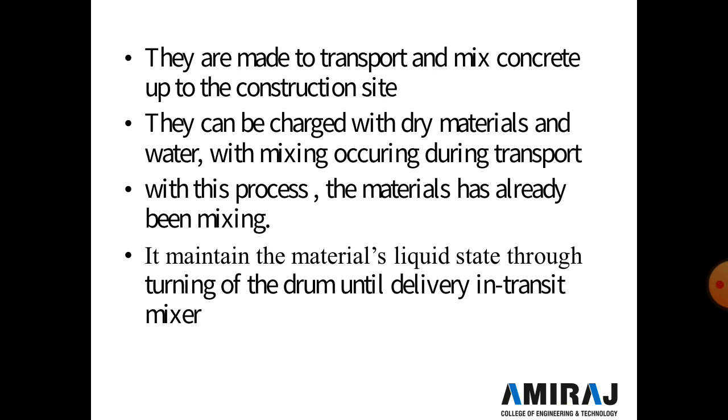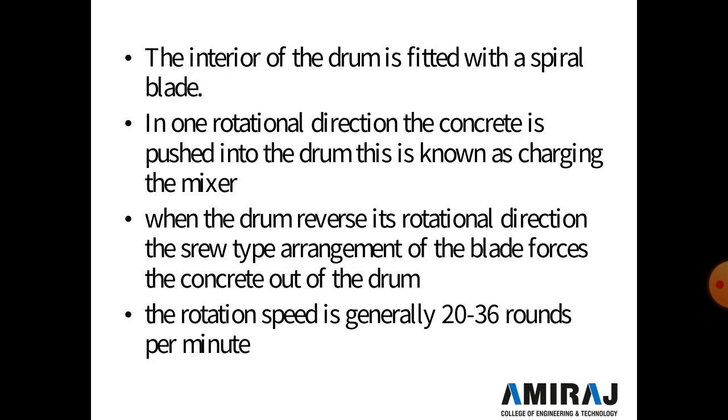With this process the material has already been mixed, and it maintains the material's liquid state through the turning of the drum until delivery. In the in-transit mixer, the interior of the drum is fitted with a spiral blade, and in one rotation direction the concrete is pushed into the drum.